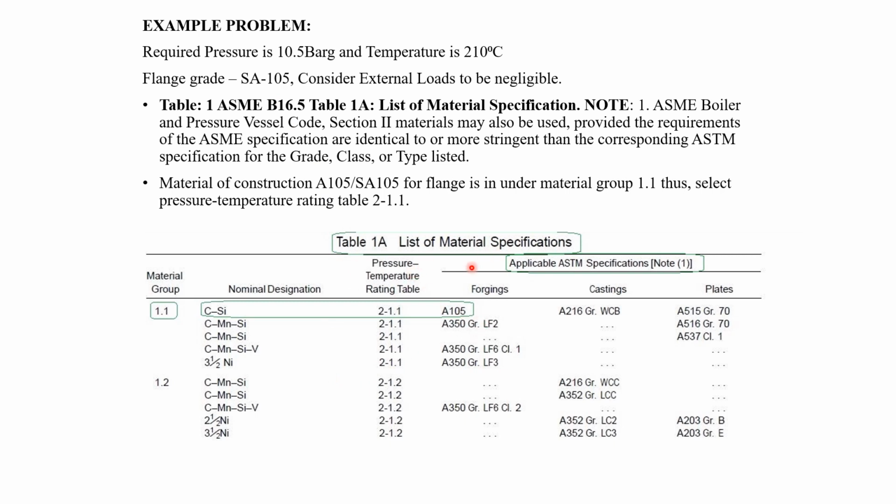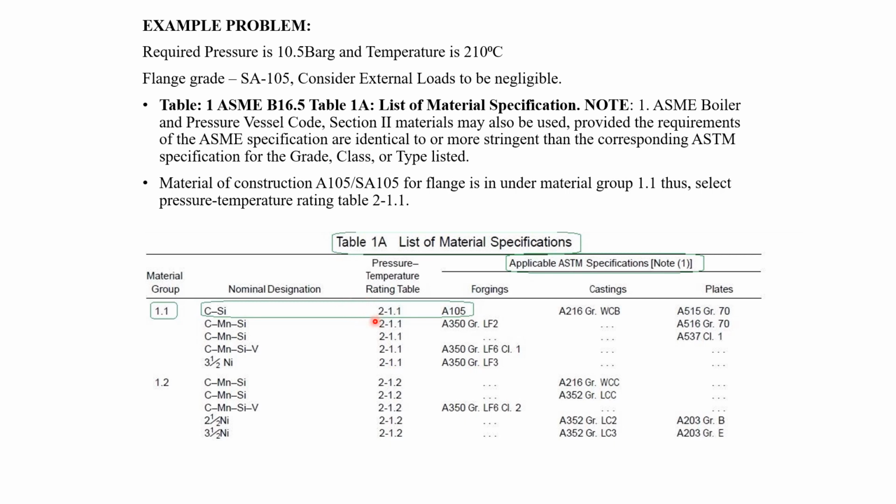If you see the list of material, this is Table 1A, the forging material A105. It is carbon steel, the material group is 1.1, and the pressure temperature rating table will be 2-1.1. This is the first table in B16.5. So we determine in which table we have to go.